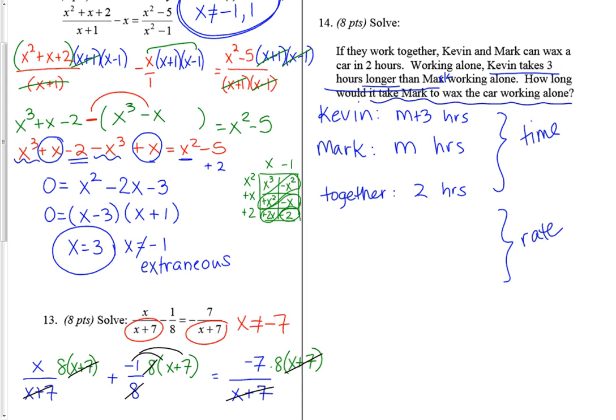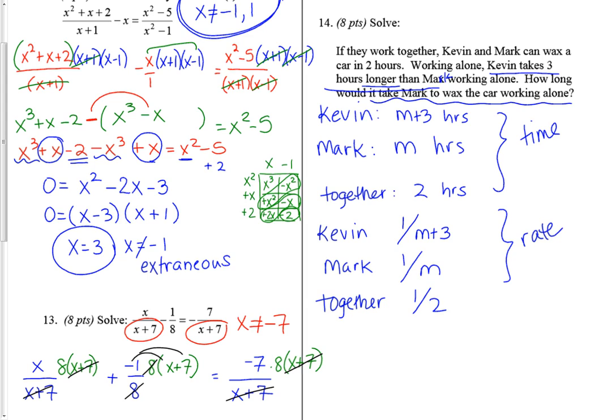Well, Kevin can do 1 over m plus 3. That's one car in m plus 3 hours. Mark can do one car in m hours, and together they can do one car for every 2 hours.